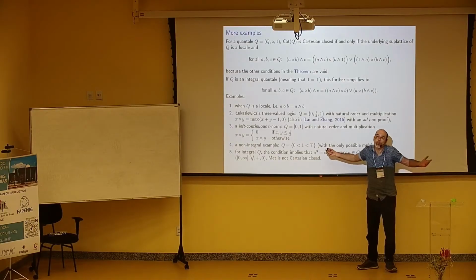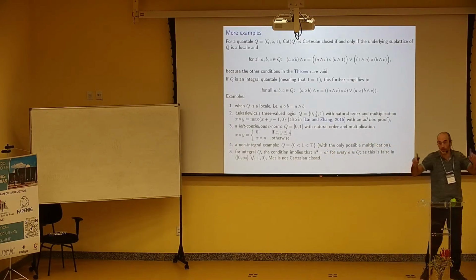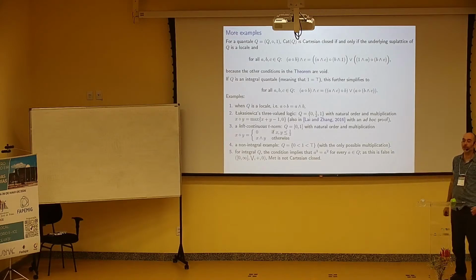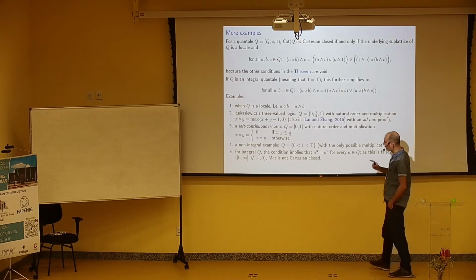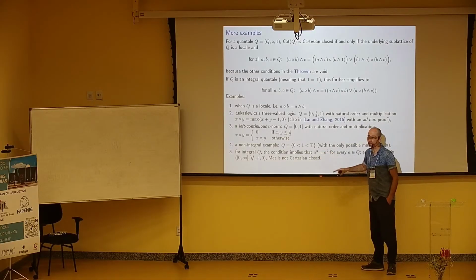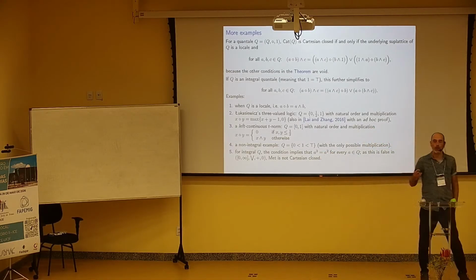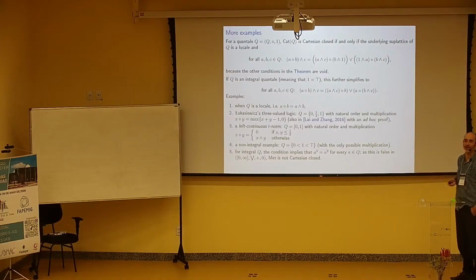This is false for real numbers, and that's the reason, logically, why not all metric spaces are exponentiable. There's even a class of quantales for which this condition is sufficient: squares are cubes. Very funny.